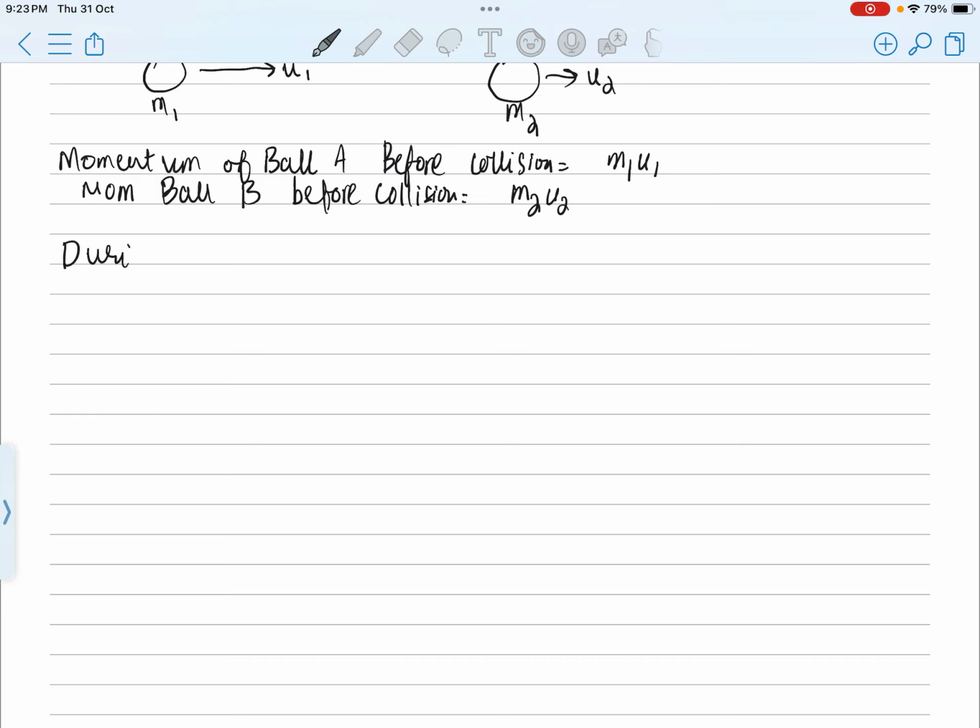Now we will talk about during collision. During collision, this is ball A, this is ball B. During collision, ball A exerts a force on ball B. Now, since these two balls are in contact, they will each exert a force on each other by Newton's third law.